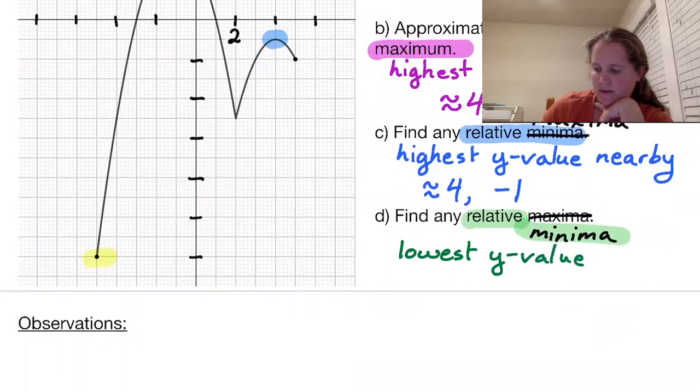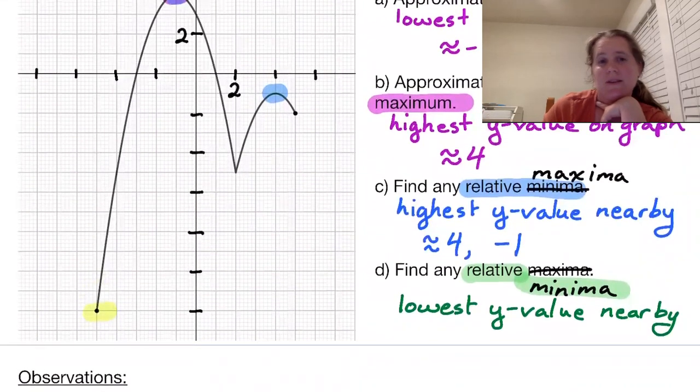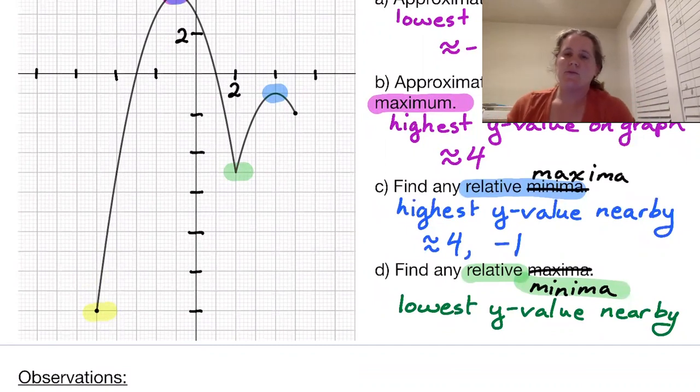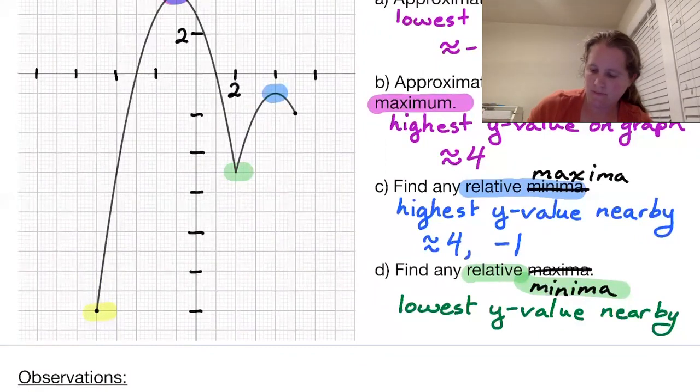So the lowest y value nearby. And there's just one of these locally. Notice I'm not using the endpoints for the relative. I'm just using the ones in the middle of the graph. So we have one place where we reach a bottom and head back up. And that y value is -5.